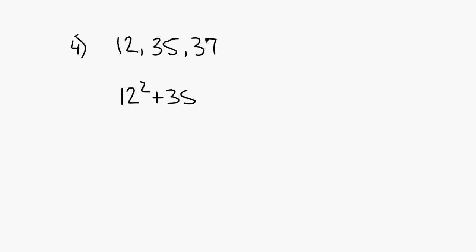Number 4. A triangle has side lengths of 12, 35, and 37. Classify it as acute, obtuse, or right. In this case, you take the two smallest sides. You take 12 squared plus 35 squared, and you compare it to 37 squared.